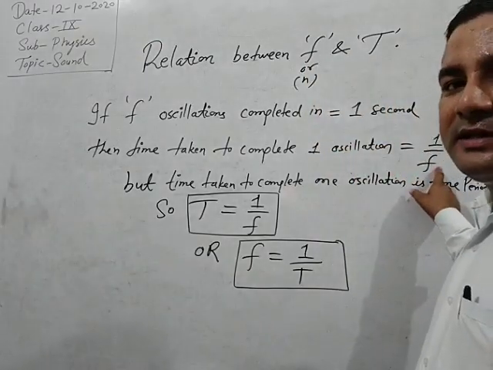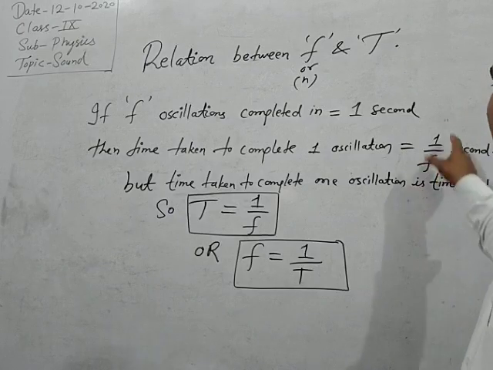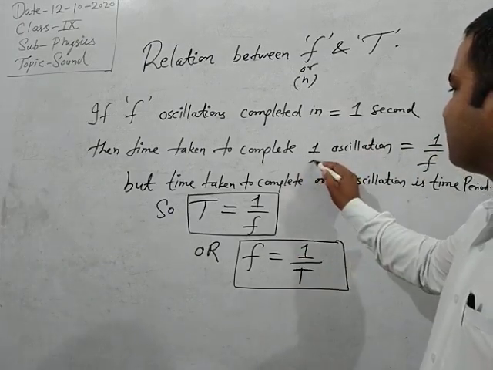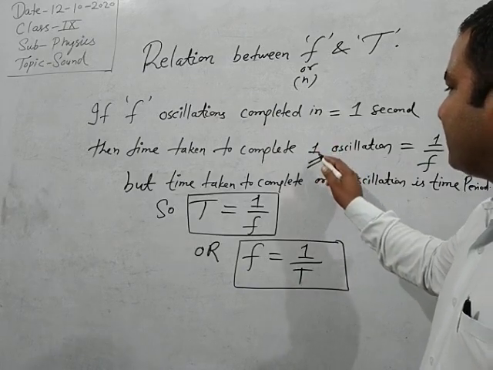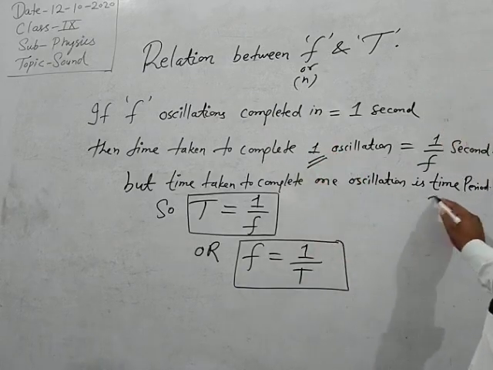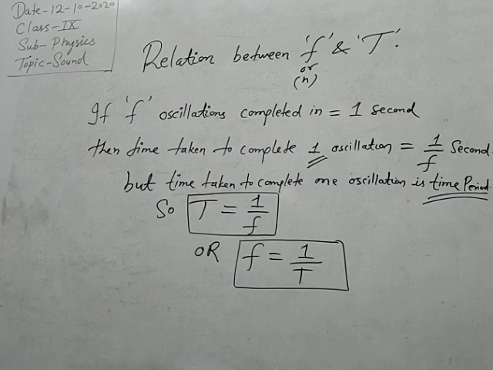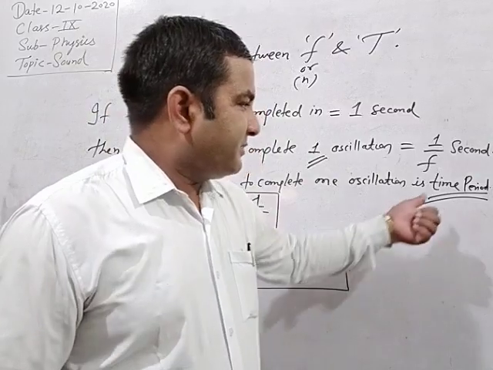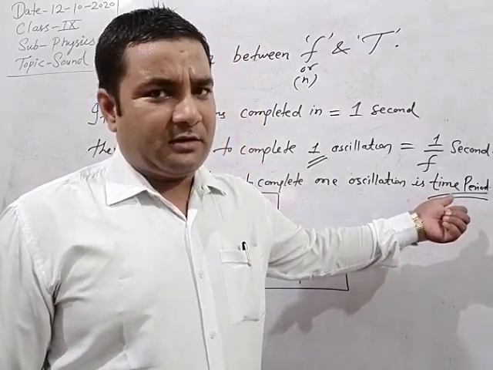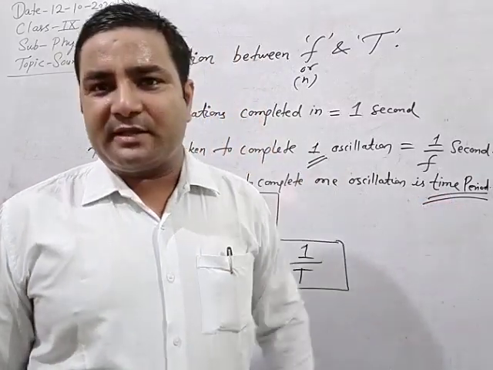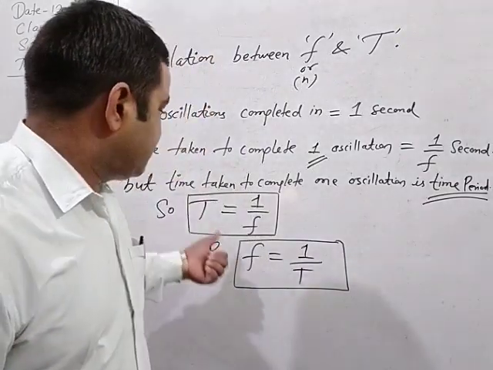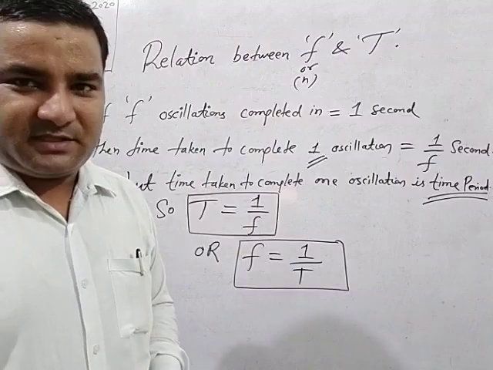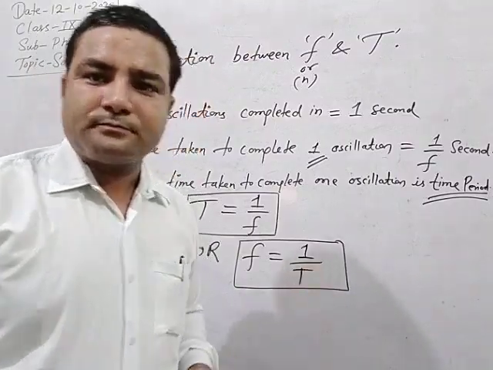This 1 upon f second means the time taken to complete one oscillation. The time taken to complete one oscillation is defined as the time period, which, as I taught in your previous lecture, is represented by capital T. So capital T is equal to 1 upon f, or f is equal to 1 upon T. Very simple concept. Just note it down.